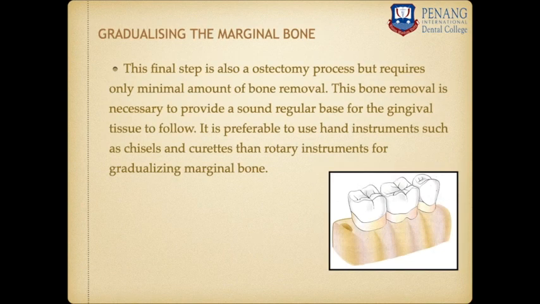And the final step is gradualizing marginal bone, where we remove the supporting marginal bone on the facial and lingual aspect to make it either flat in relation to the interproximal bone or more apical to it, to produce a positive contour for the flap to be placed and for the patient to be able to maintain proper oral hygiene.